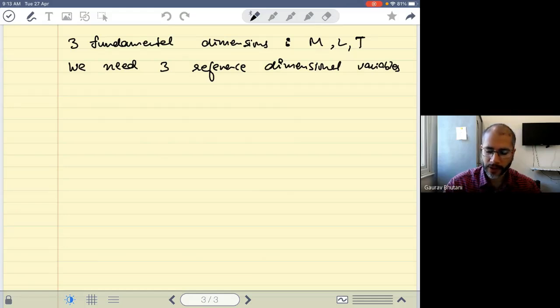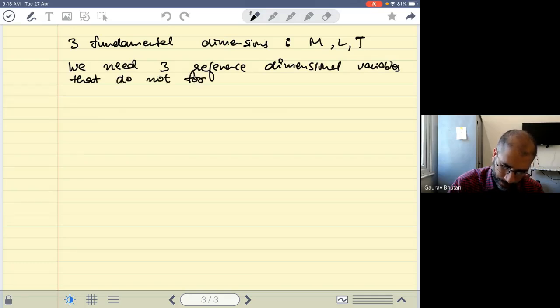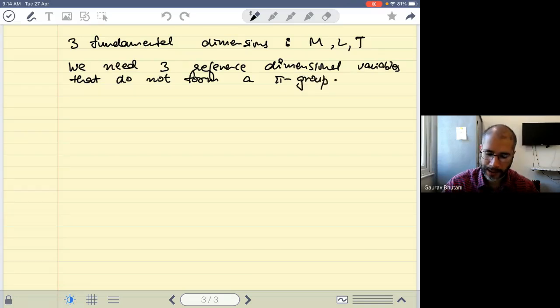We have to make sure these three dimensional variables that we have chosen do not form a pi group. That is, no combination of these three chosen dimensional variables should be able to form a non-dimensional number, and together they should be able to contain mass, length, and time.